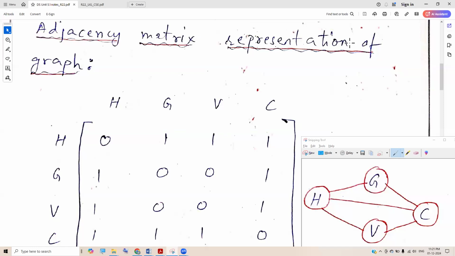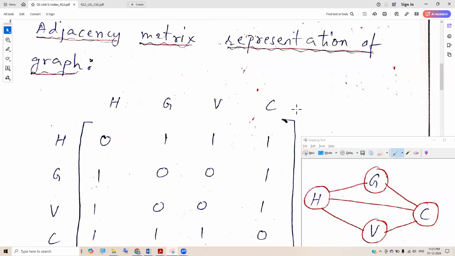Now let us discuss the space complexity of the adjacency matrix representation. If we have 4 nodes, then we have 4 rows and 4 columns, a total of 16 values. How are we getting 16? 4 into 4.